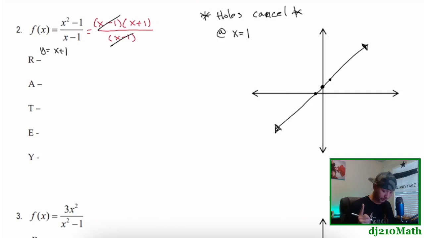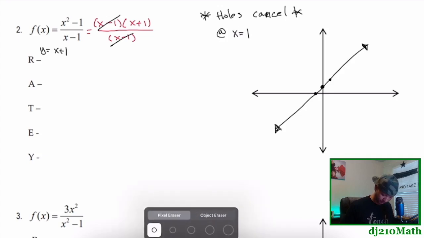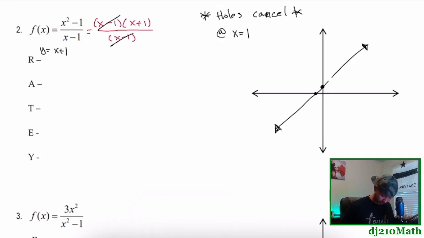And we know that there's a hole at x equals 1. And I think that really does it. There's really no more to discuss.